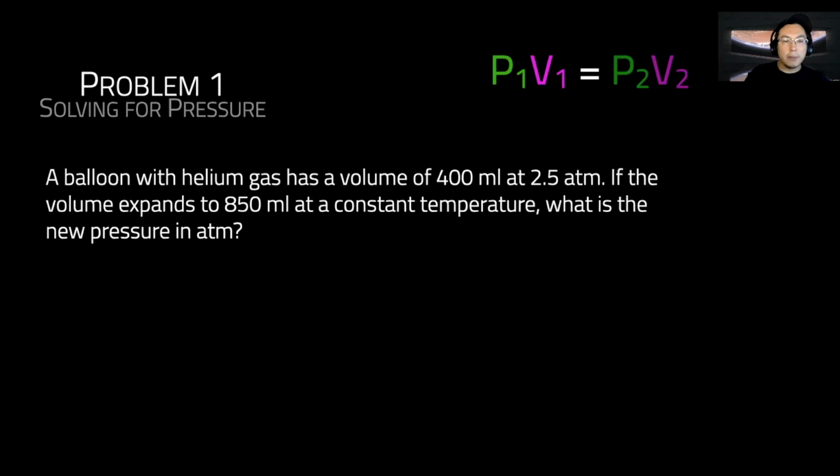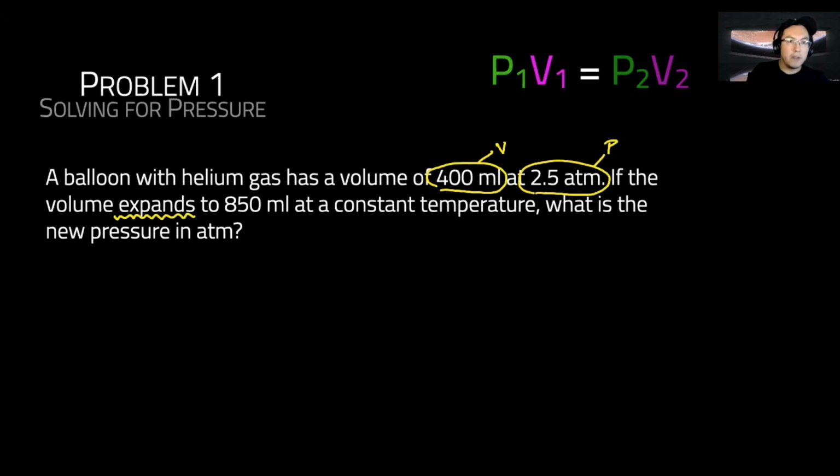Let's see one example. Here it says a balloon with helium gas has a volume of 400 milliliters at 2.5 atmospheres. Notice here we have volume and we have pressure. The context of the text of the question is very important.